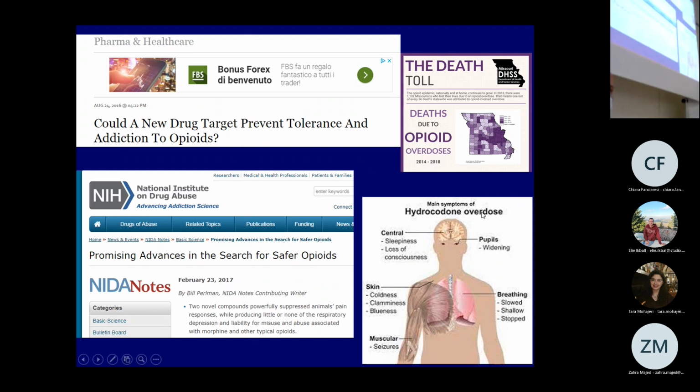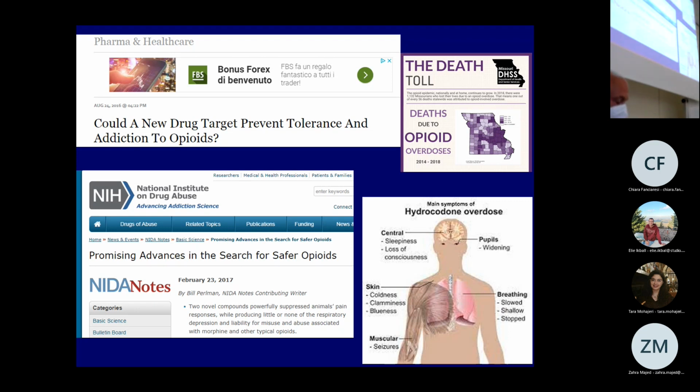Here you can see the main symptoms of hydrocodone. Hydrocodone is one of the most famous painkillers of this class, a legal painkiller, because hydrocodone is sold in pharmacy, is used in hospital, so it is controlled.